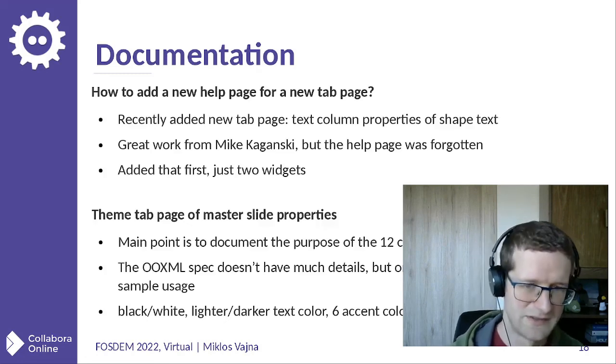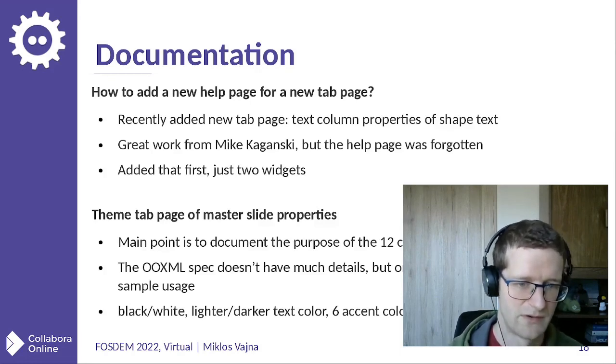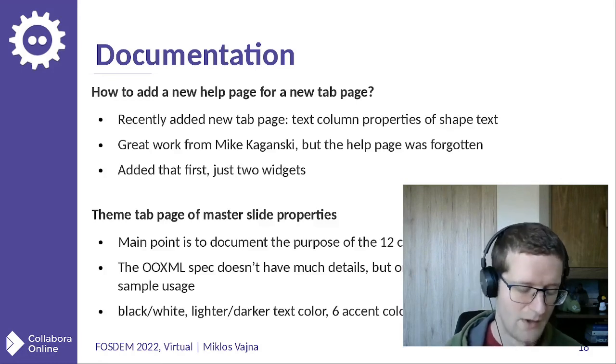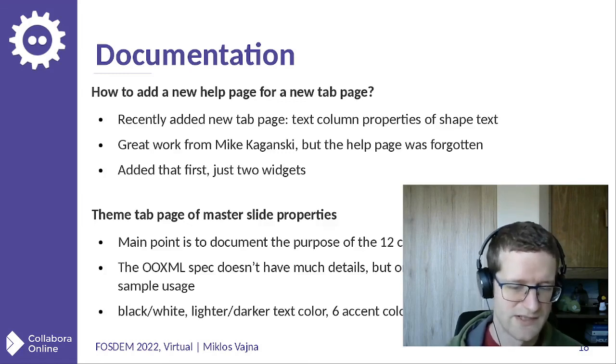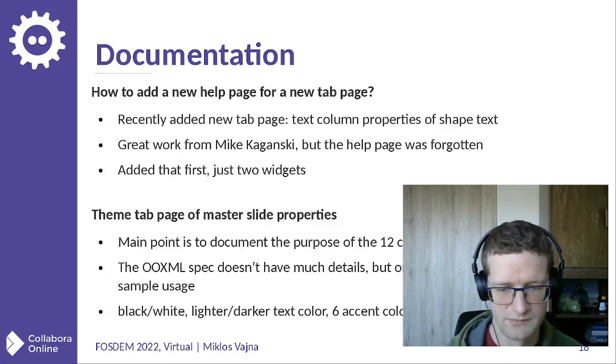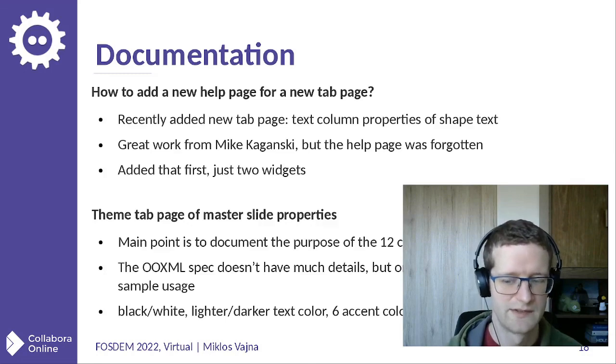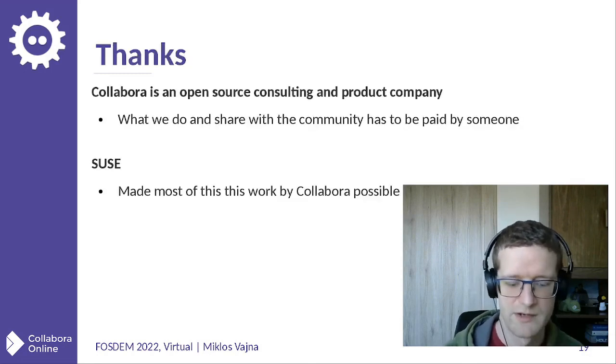So I added one for that first, and then later a dedicated help page for the new theme tab page, which should be useful in case you wonder what's the function of these colors, because this is not really covered in the OOXML spec. So I tried to guess based on what I see in documents in practice how these colors are used, and then documented these practices in the help page.